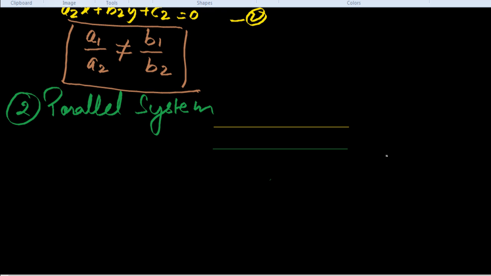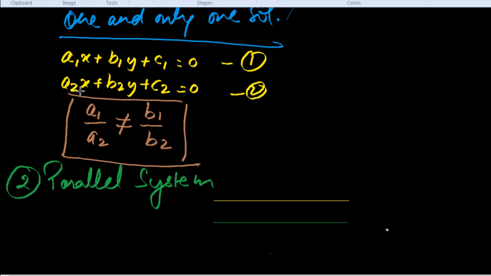In algebraic form, to find out whether it is a parallel system or not, we have the two equations: a1x plus b1y plus c1 is equal to 0 and a2x plus b2y plus c2 is equal to 0.